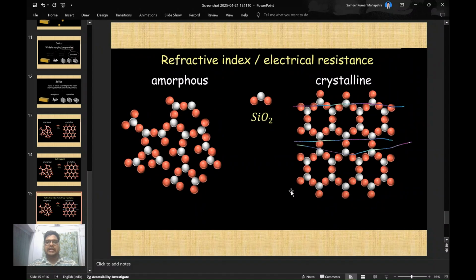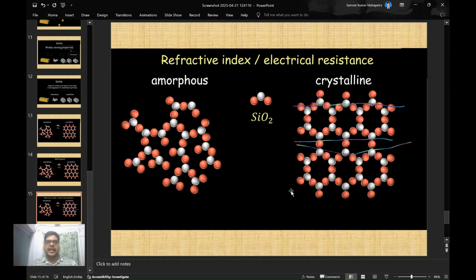In the case of crystalline solids, it is anisotropic. It shows the anisotropic property because light interacts differently depending upon the direction, due to the ordered arrangement of atoms.